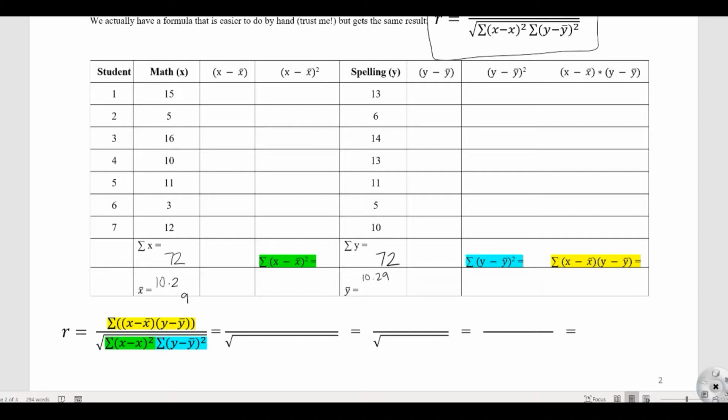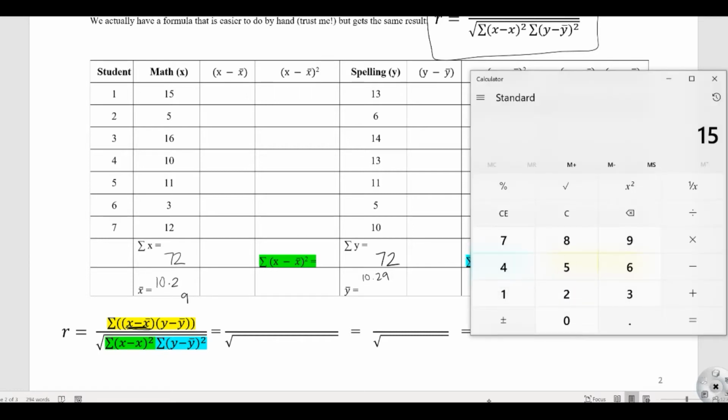Now, this next column over, this x minus x bar, that's this part of the equation. So this just means take each of your values and subtract the mean and put it here. 15 minus 10.29 equals 4.71.